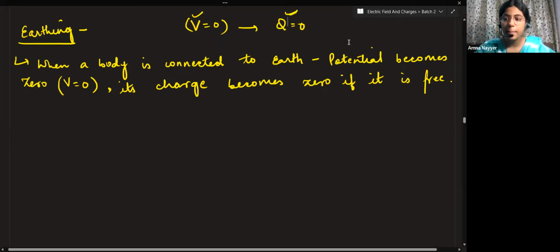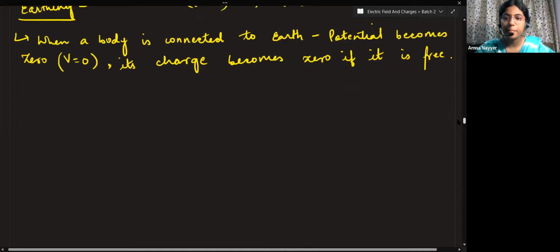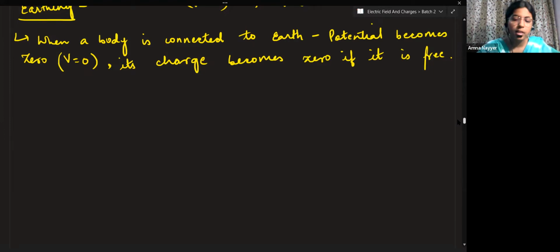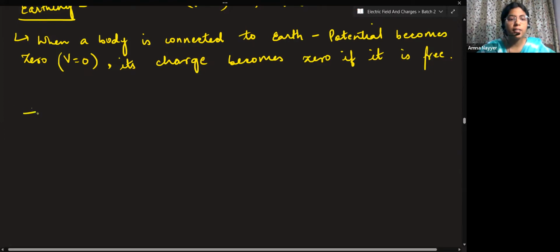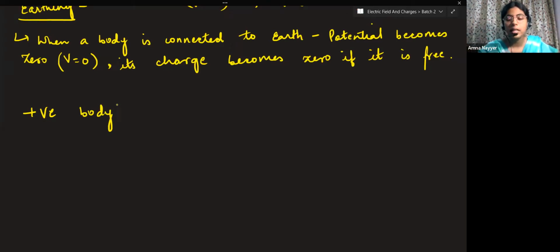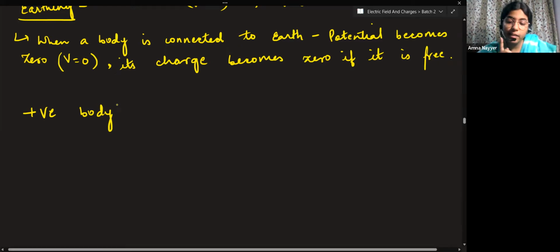Now see, you have to see in which body, from where electrons will transfer. Like if I tell you I have a positively charged body, and through some wire or any means I have connected this body to earth, I have grounded it. Electrons will definitely transfer from earth to the body.